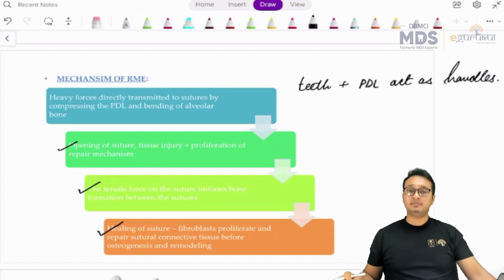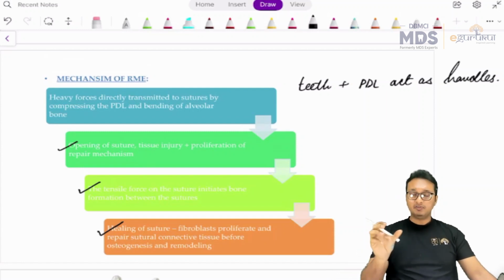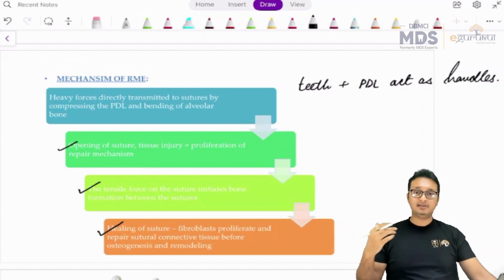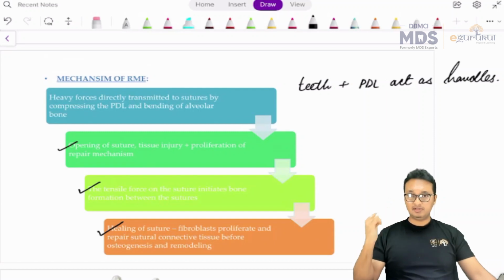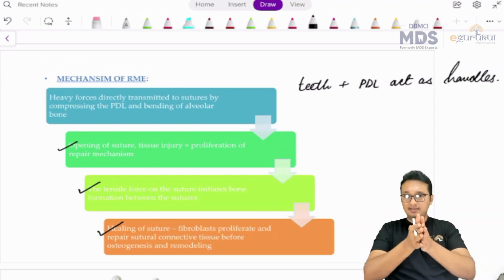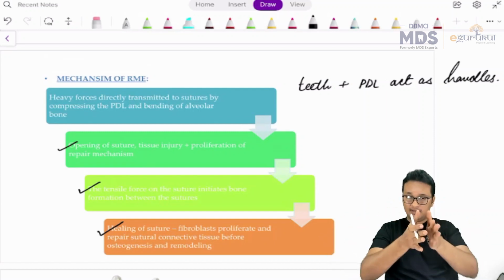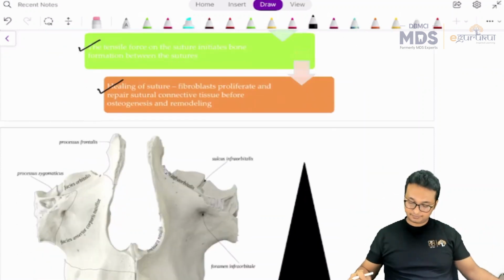So this is the basic mechanism of RME: how the forces are withstood by the teeth, how they are transmitted to the sutures, to the circumzygomatic and circummaxillary sutures, how the sutures get loosened up, and how the maxilla separates from itself in a fan-shaped direction.